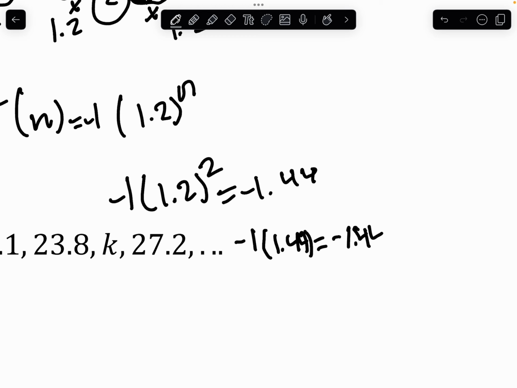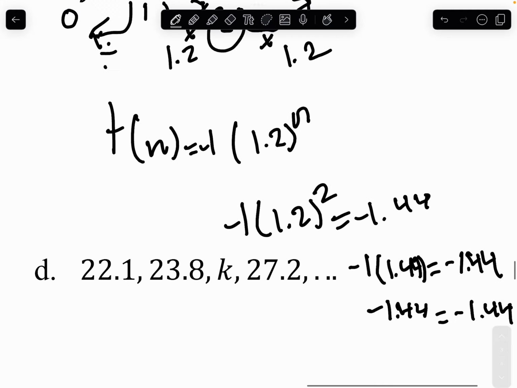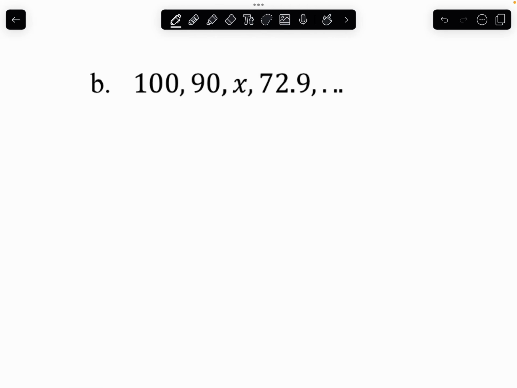And I know right now that they are equal. Negative 1 times 1.44 is negative 1.44. So I know my equation, this equation right here, is correct.